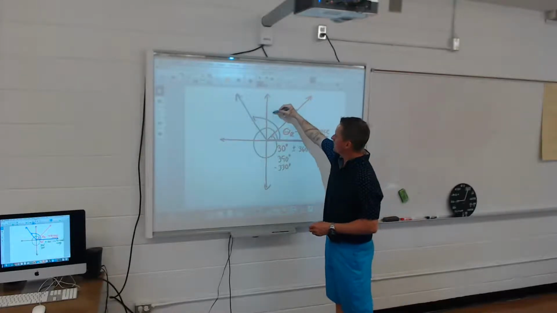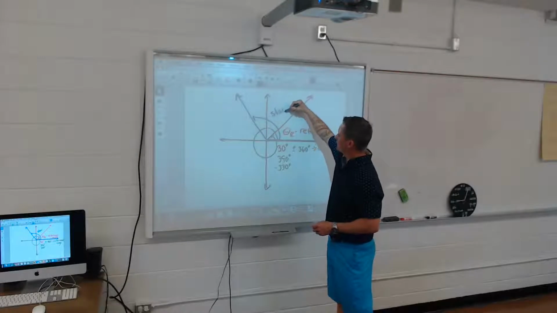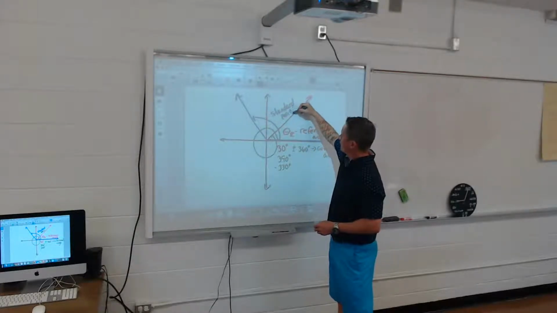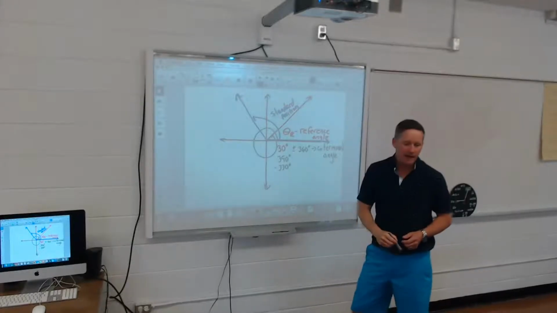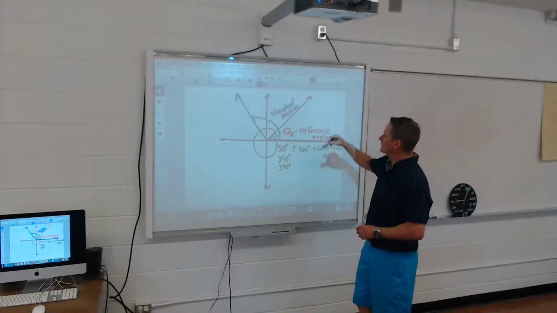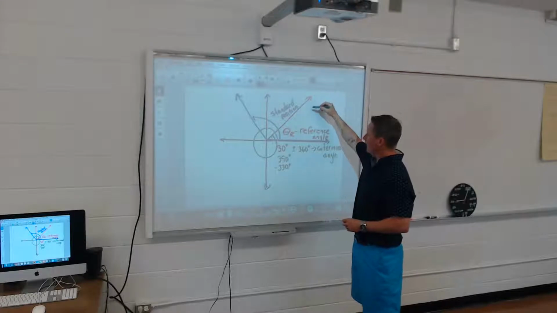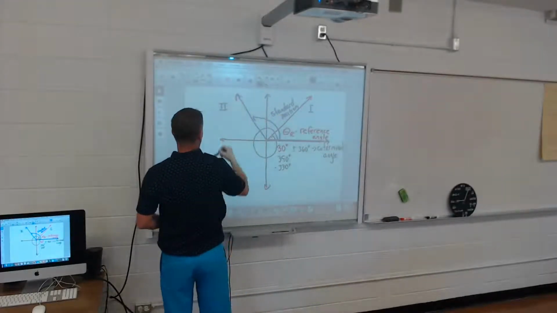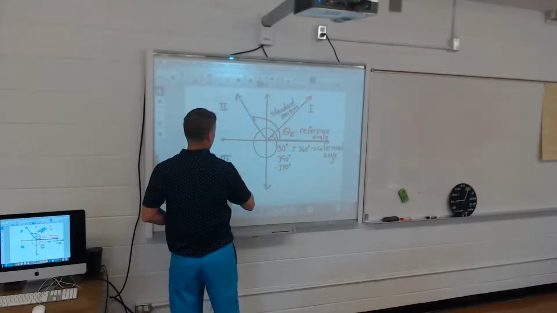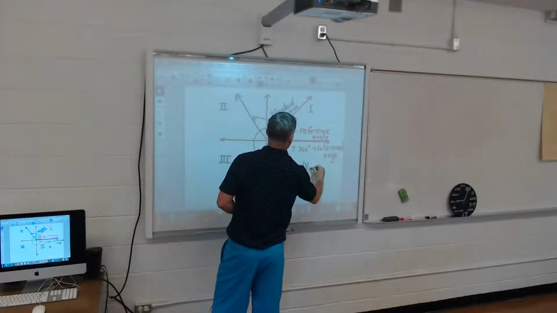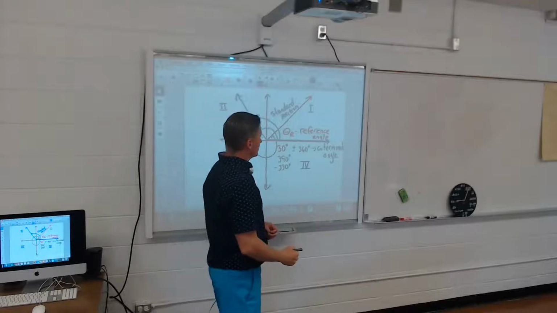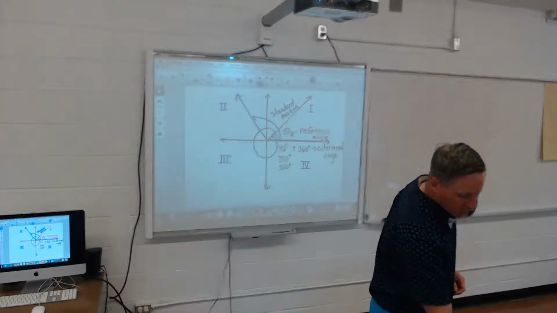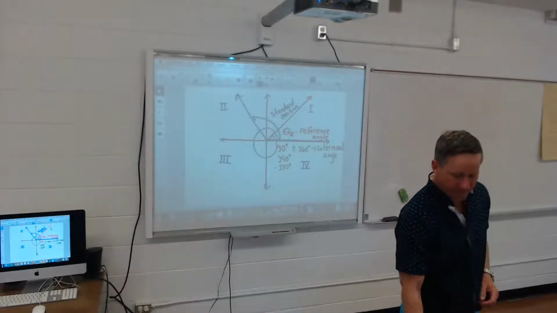So this angle is considered in standard position. Another thing that we looked at was the quadrants, okay? So quadrant 1, 2, 3, and 4, okay? So to begin with, that's kind of where we're at with 2.1. All right.